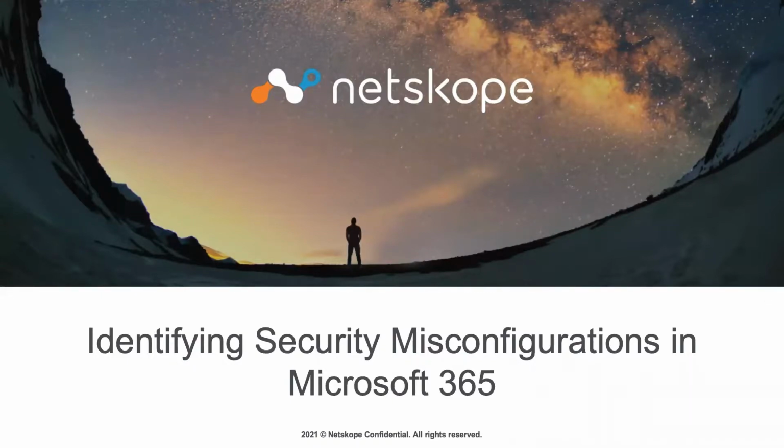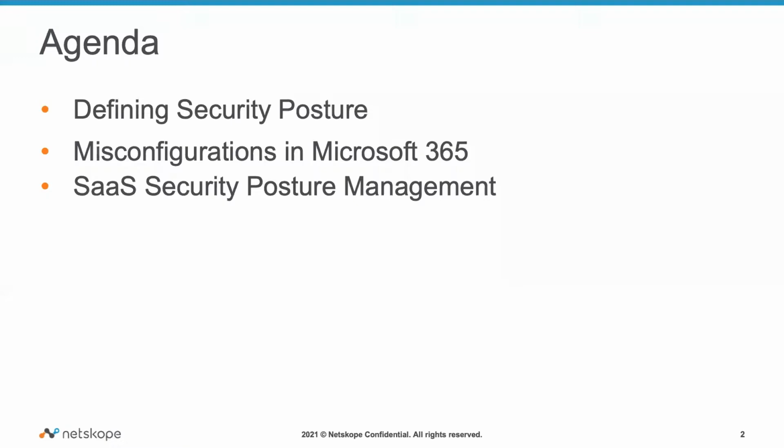So there we go. As I say, what I'll do today is quickly go over the agenda. We'll be going through a little bit about security posture, defining what it is, what it actually means, and whose responsibility it is within an organization, or which teams should take ownership of that.